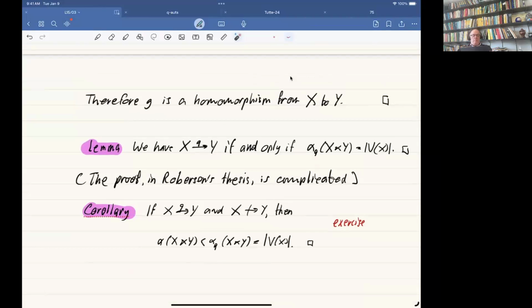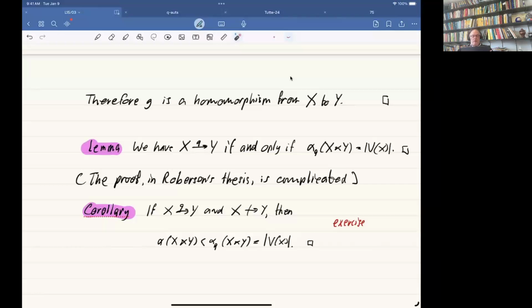The proof in Roberson's thesis takes a couple of pages and makes heavy use of quantum games, so I have no intention of going through it. But there it is, so this analog holds, and it's a nice result. As I said, the proof is quite complicated, and there's no way I'm going to try to do it in a Zoom lecture.